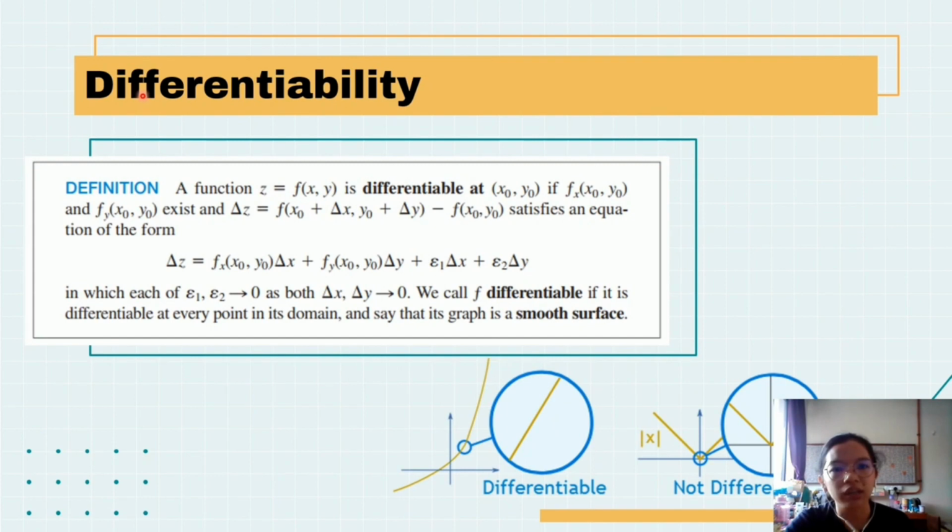So now let us look at the definition of differentiability.